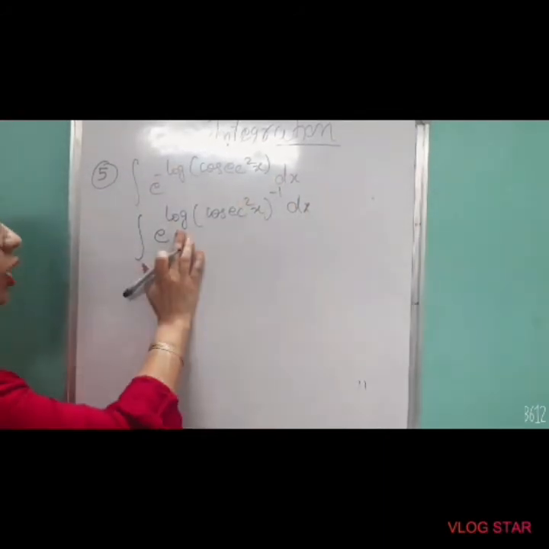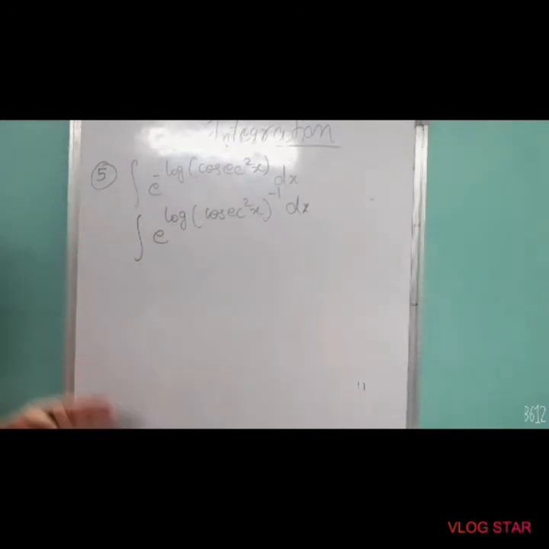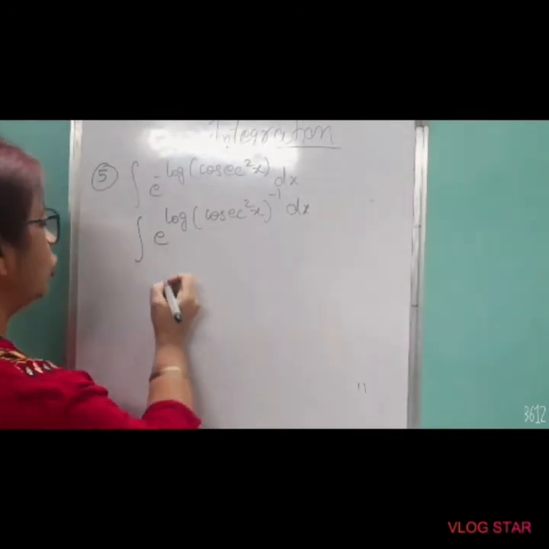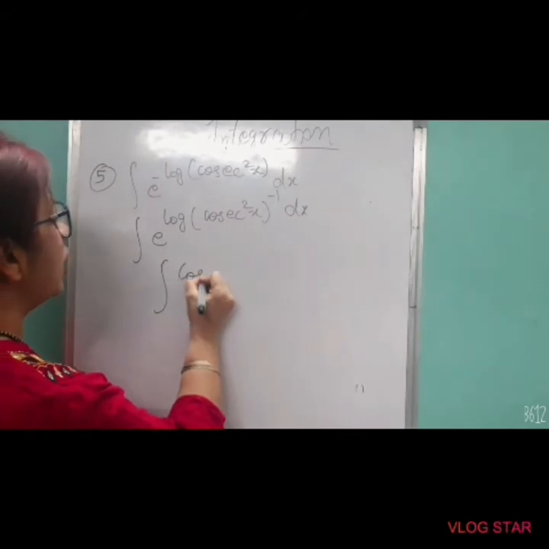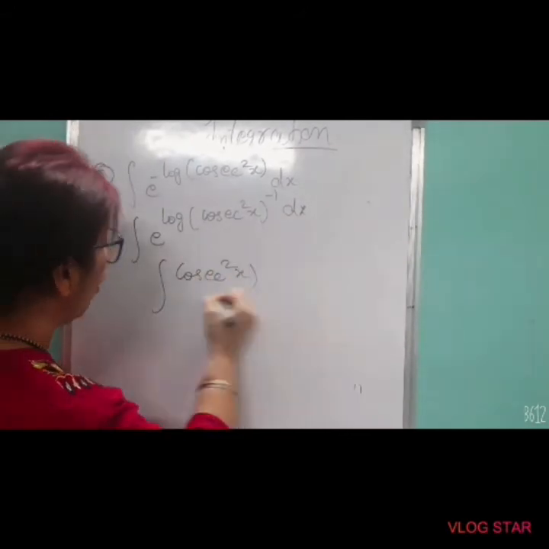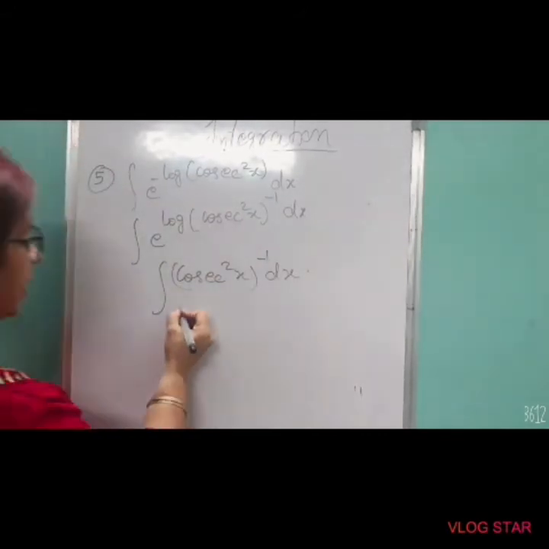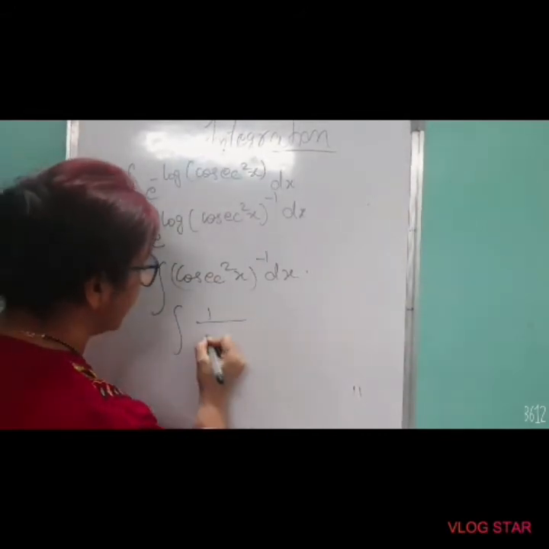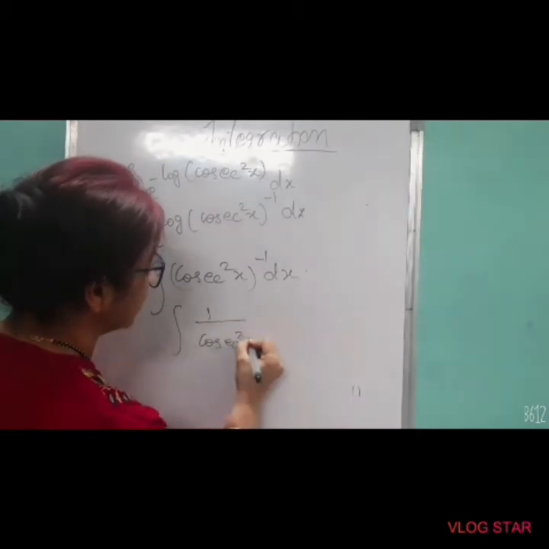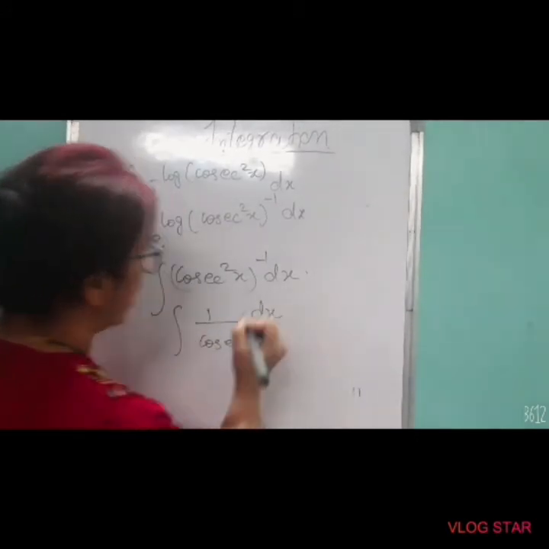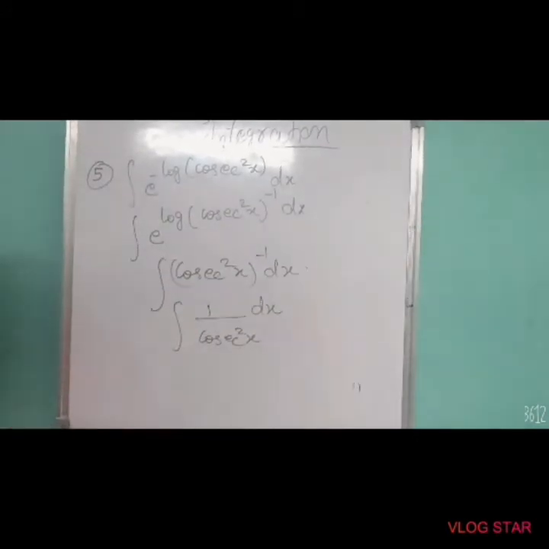Now e and log, I said they are reverse of each other. I can remove them. So I am remaining with (cosec square x) whole inverse into dx. What does it become? It becomes 1 by cosec square x into dx. Now, what is 1 by cosec square x?